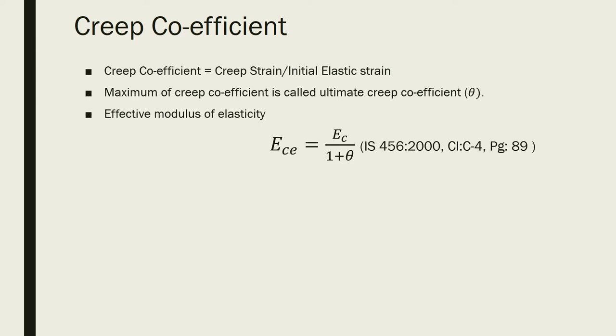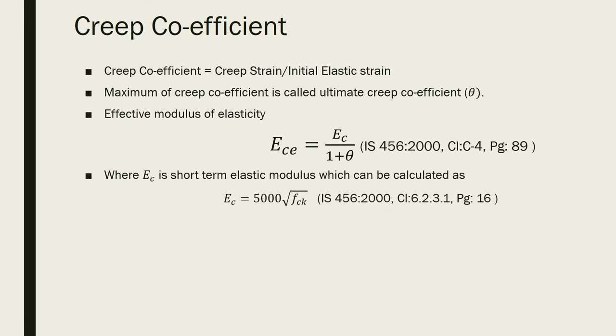If we consider the effect of creep as well as stresses, we can find out the effective modulus of elasticity, which is represented by ECE, which is equal to EC by 1 plus theta, where EC is the short-term elastic modulus, which can be calculated as 5000 root fck.